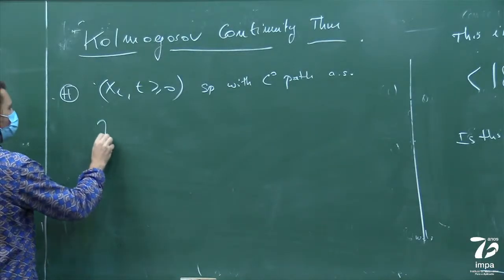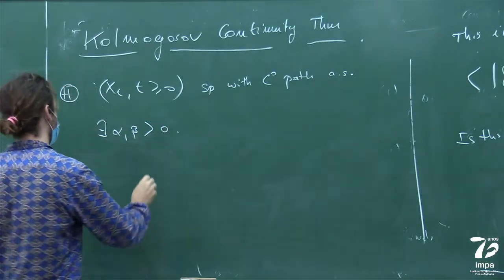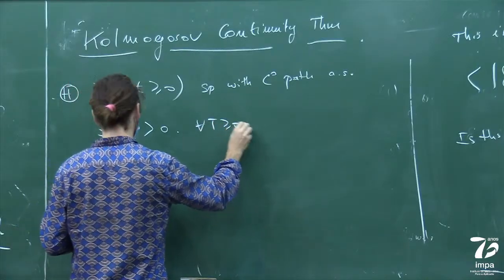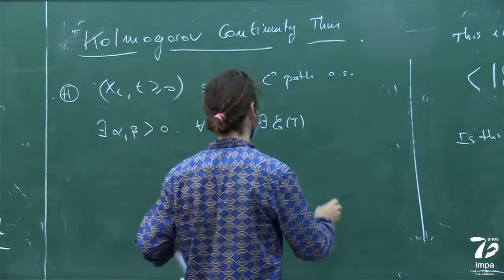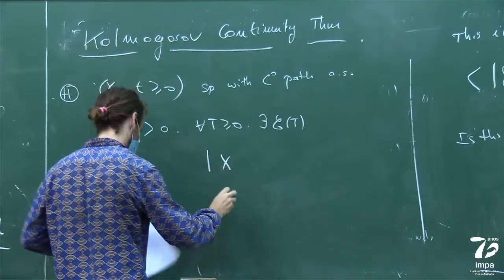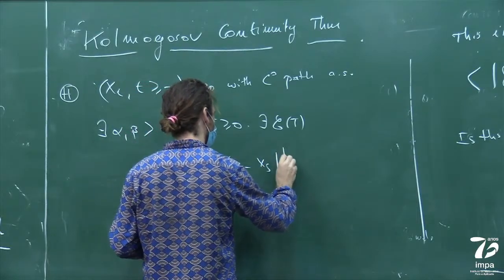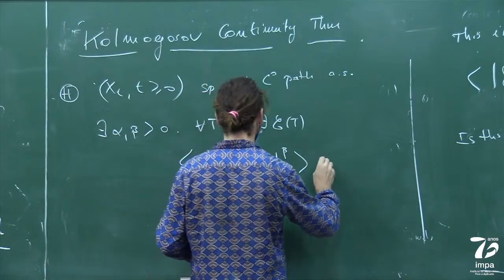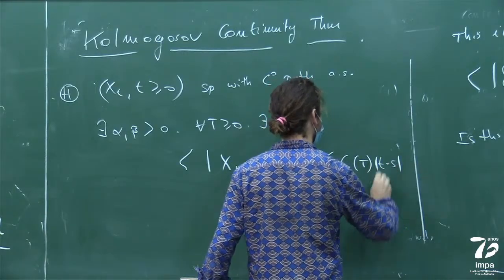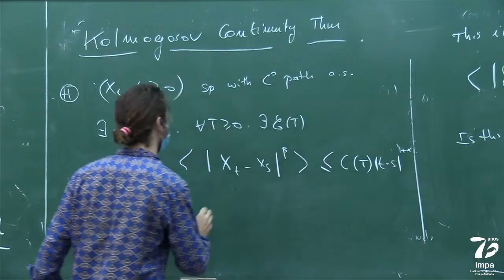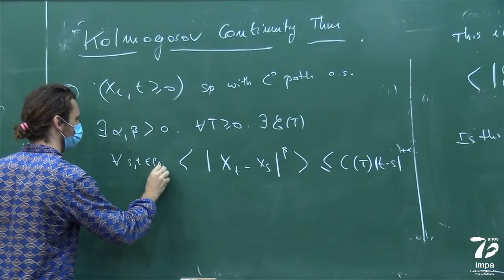And you assume that there are alpha and beta greater than 0, such that for all t, there is a constant C(t), depending on time, such that the expectation of |X(t) minus X(s)| to the power beta is smaller than C(t) |t minus s| to the power 1 plus alpha, for all s, t in [0, T].